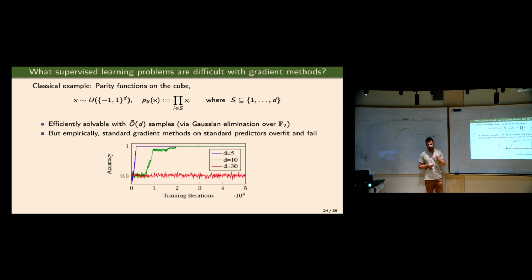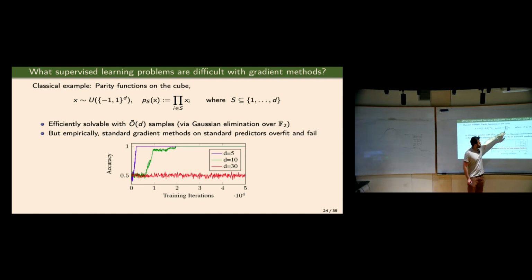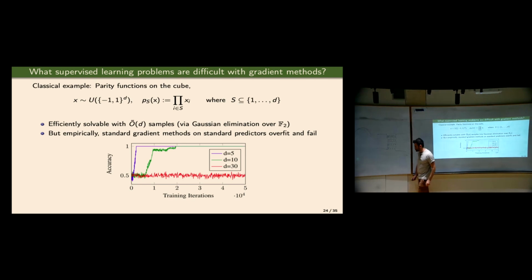The classical example that people will give for a problem like this is what's known as the parity problem. You can imagine getting inputs that are just uniform on the cube {-1, 1}^d. And there is some unknown subset of indices. The target function that you're trying to learn is going to be a product of these indices.